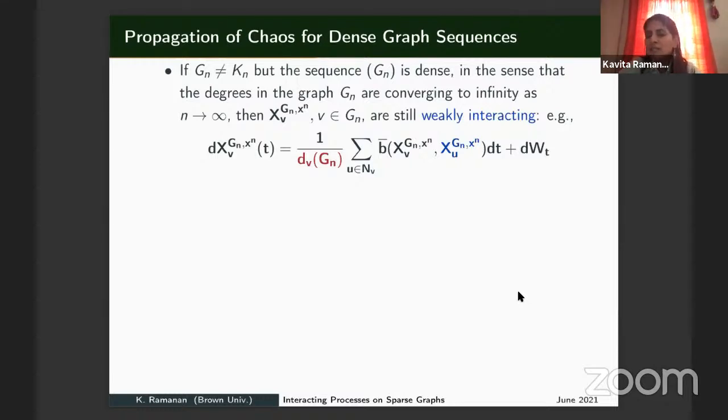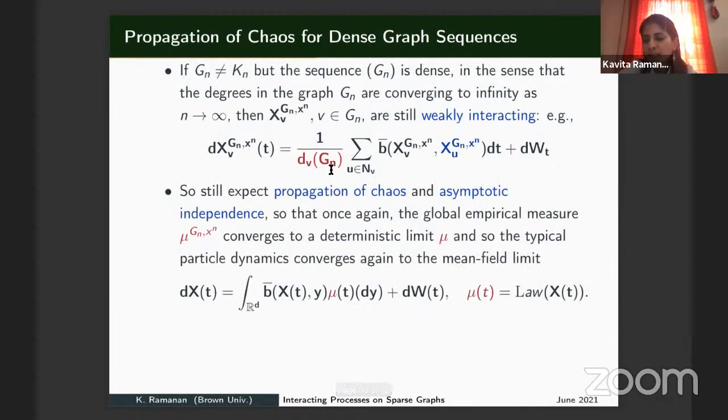But you can see that I'm just looking at this particular kind of equation. Any one particle is affected by its neighboring particles, inversely proportional to the degree of that vertex. And so if the degree is going to infinity as n goes to infinity, you might expect, once again, asymptotic independence and propagation of chaos.